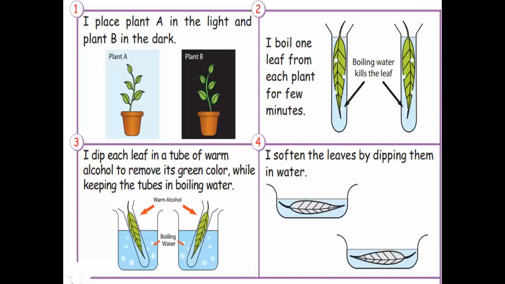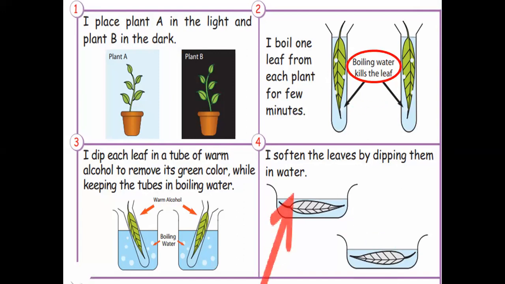In this experiment, we took two plants, A and B, one in light and another in darkness. We boil one leaf from each plant for a few minutes. Boiling water kills the leaf.